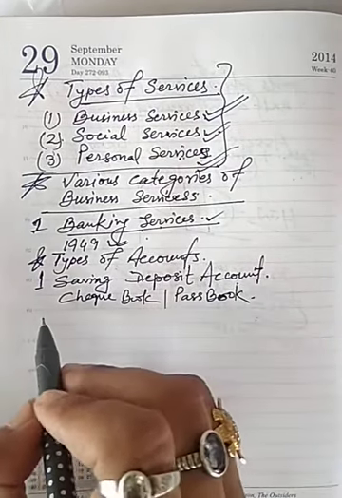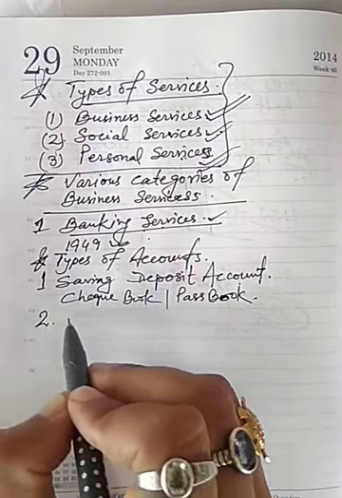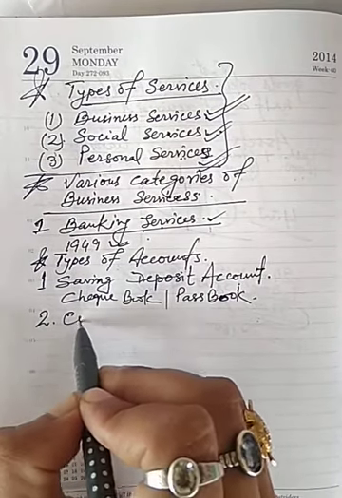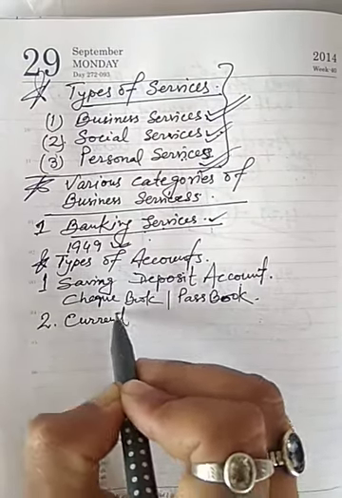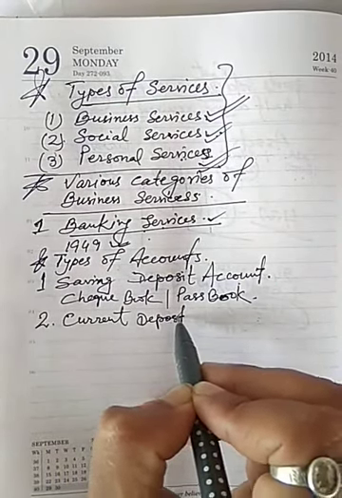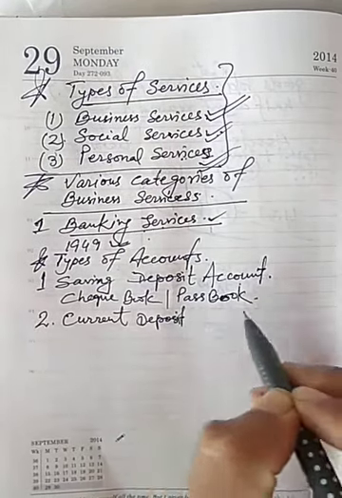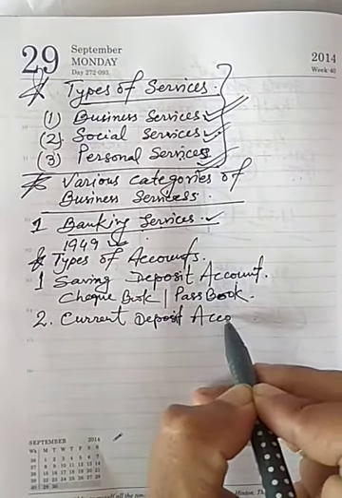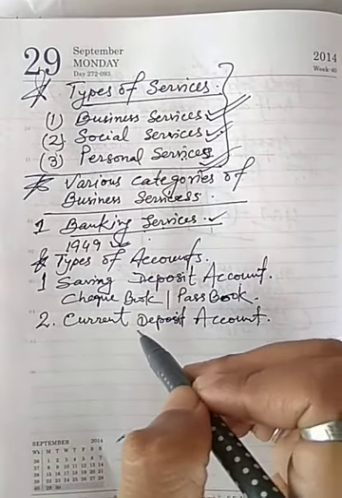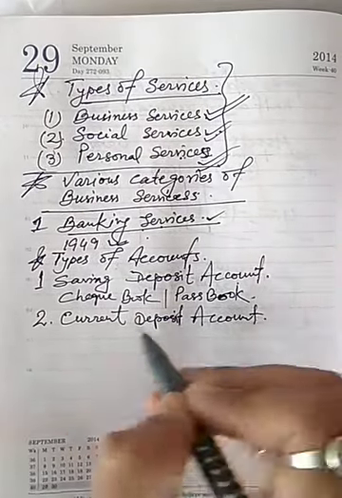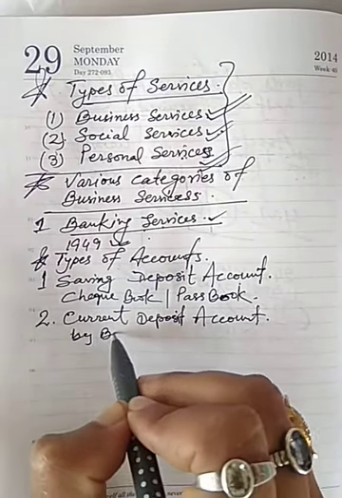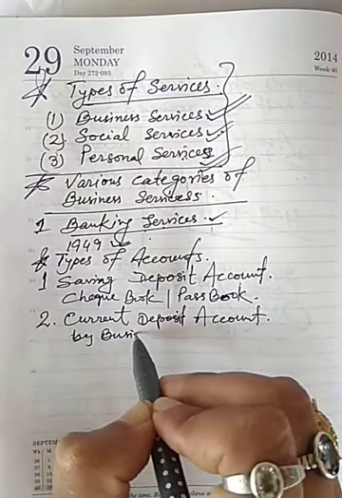Now, the second type of account is the current deposit account. Current deposit accounts are opened by businessmen generally.